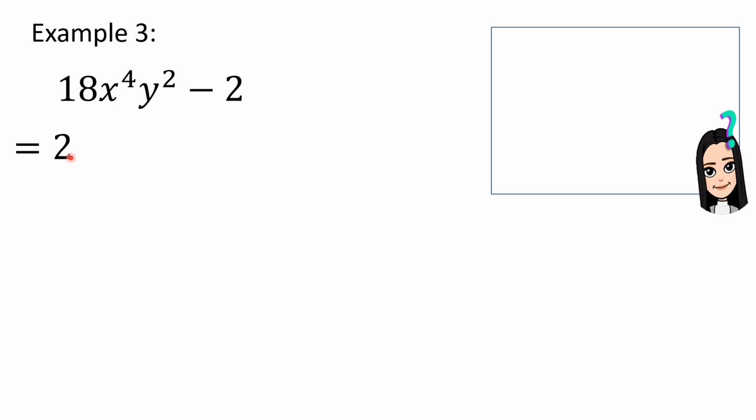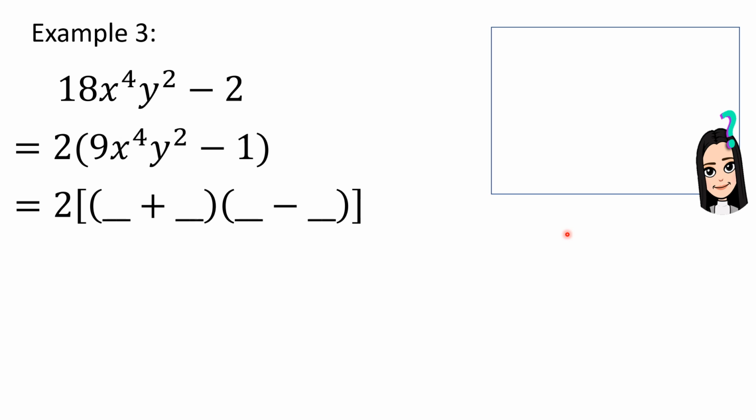So let's divide the given by 2. 18x exponent 4 times y squared divided by 2 is 9x exponent 4 times y squared, minus 2 divided by 2, that is 1. So we have here now the new difference of two squares inside the parentheses.